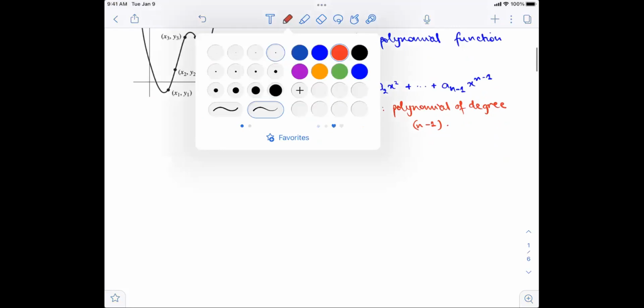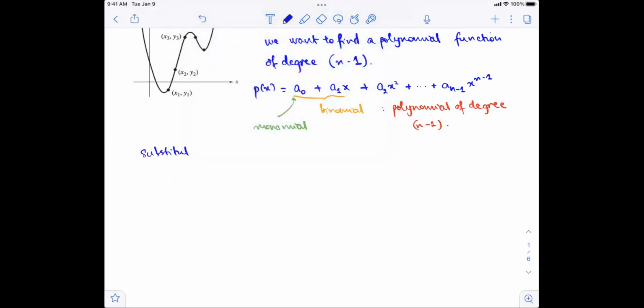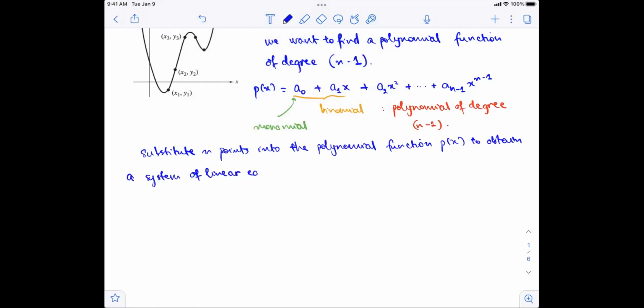Right, so at this point, what you can do is substitute the endpoints into the polynomial function p of x to obtain a system of linear equations that can solve for the values of a0, a1, a2, up to a sub n minus 1.